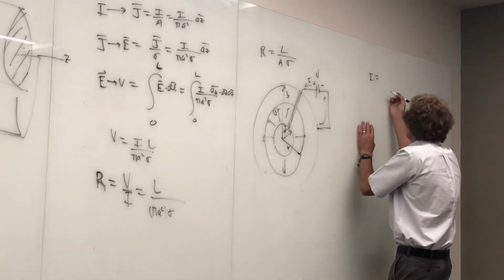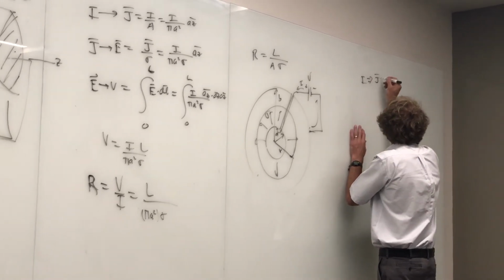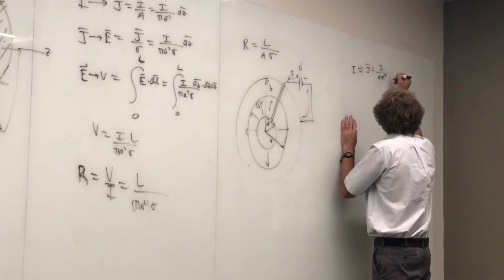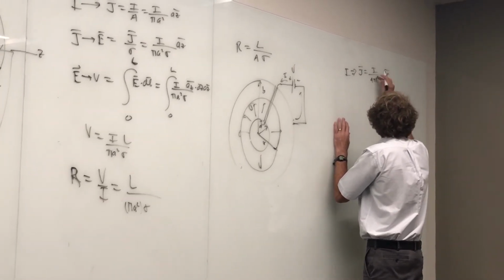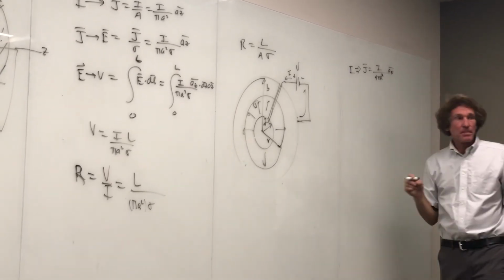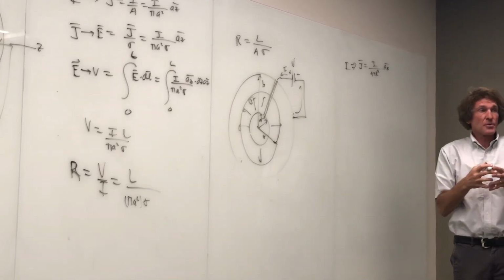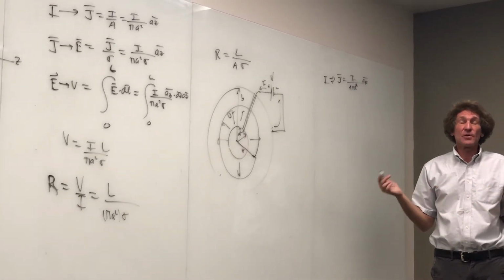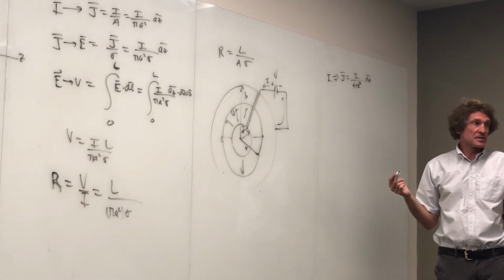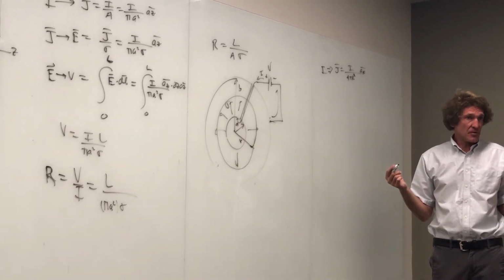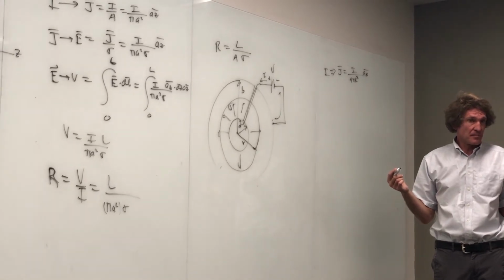So that means from there, my value of J would be equal to I over 4 pi R squared a_R, right? This is R squared. This is the radius. Do you all agree with that? It's the total current divided by the surface area. What surface area? At any different distance R, there's a concentric spherical surface that's flowing through. So the current density falls off as 1 over R squared, right?